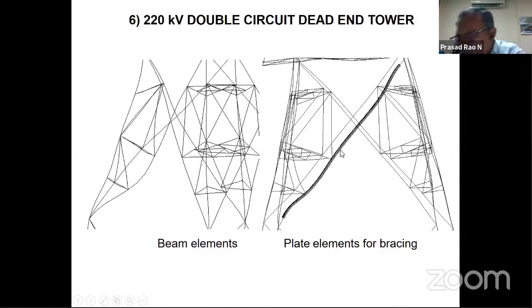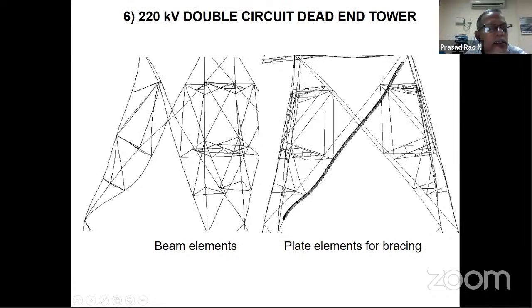So now coming to the drawback in the code, when we have observed in some of the towers, when the bracing member L by R is less than 120, it is unconservative because it is not safe.